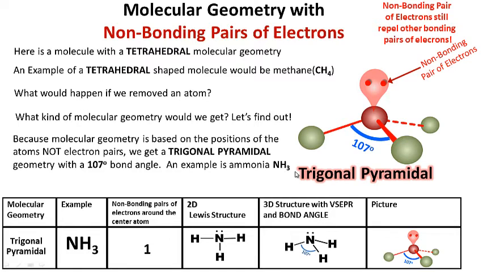So an example is ammonia here, NH3. Notice it's not planar, it's not flat, it's kind of pyramid shaped here. Okay, it has one non-bonding pair of electrons. Here would be its Lewis structure that we drew in the past. And if we were to draw it now, this would probably be a more accurate representation here, okay, with a 107-degree bond angle.